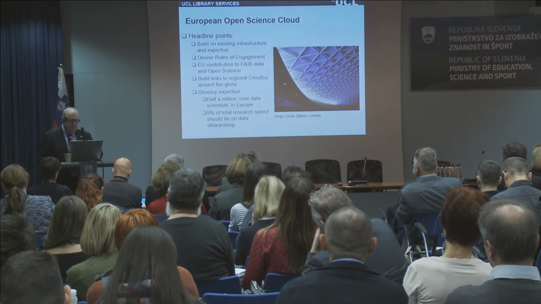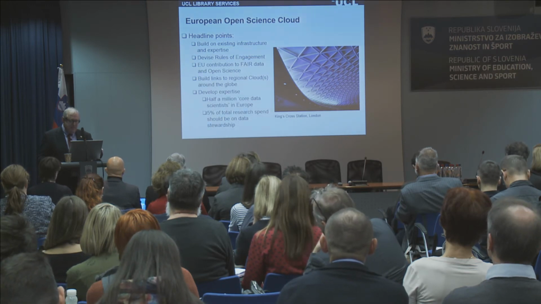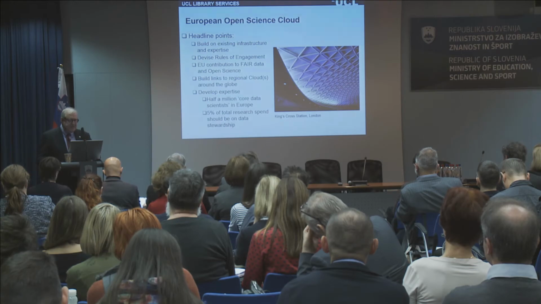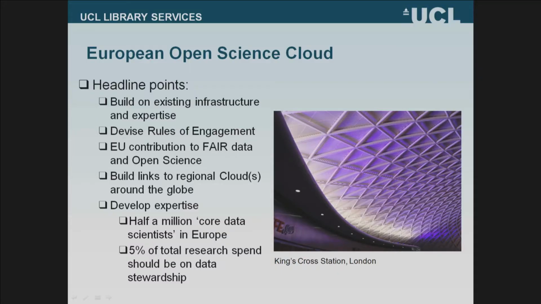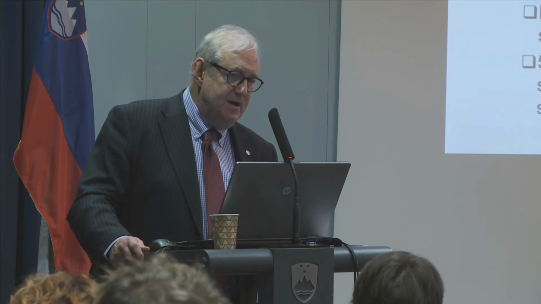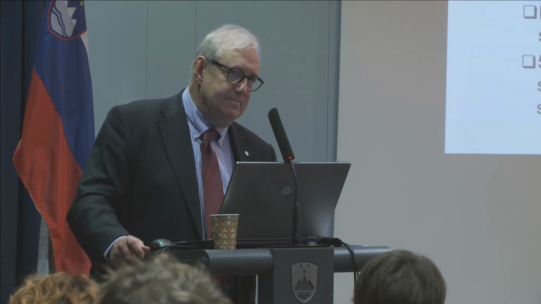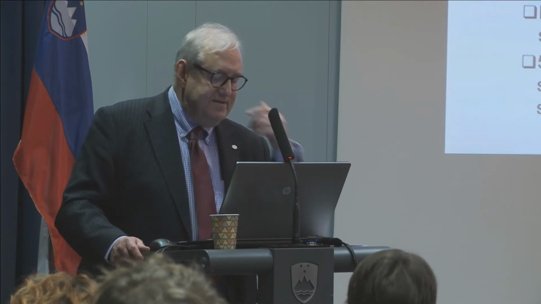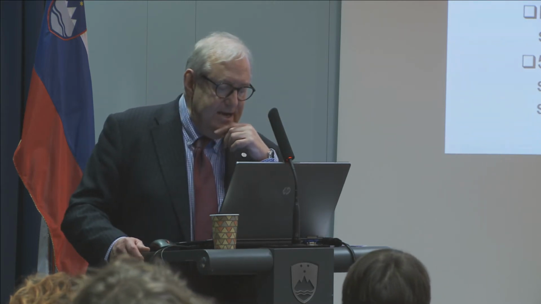Let's look at one more of these bullet points. Developing expertise. So at the bottom of the screen here, developing expertise. 500,000 core data scientists are required in Europe to deliver the benefits which the Open Science Cloud can provide. So what does that mean? Well, when we said in the report that we think we need 500,000 core data scientists, we had a number of things in mind.